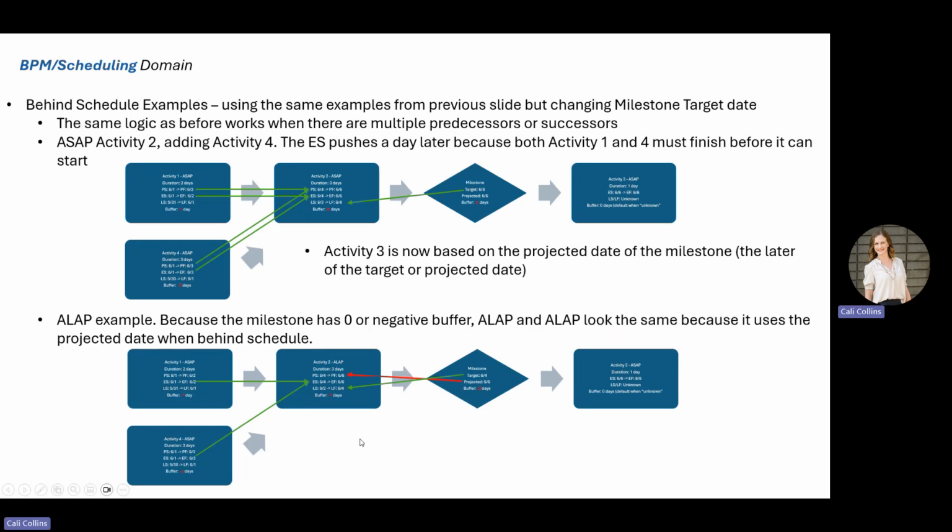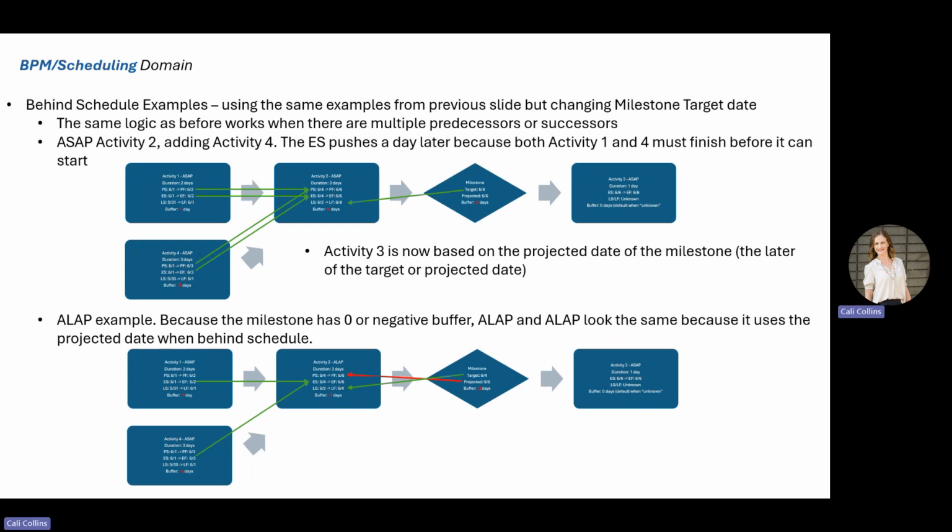The next example we're going to look at is what do you do when you are behind schedule? This does have a few nuances that get changed on it, but in general, the strategy that we're looking at does still stay aligned. So on this one, the example of what I changed was I moved the milestone up by 4 days. So now your target for the milestone is on the 4th.